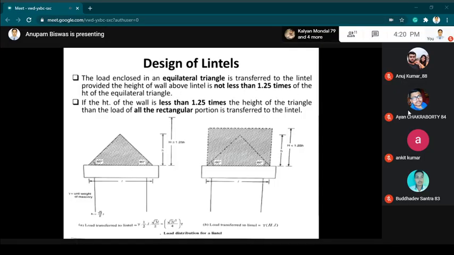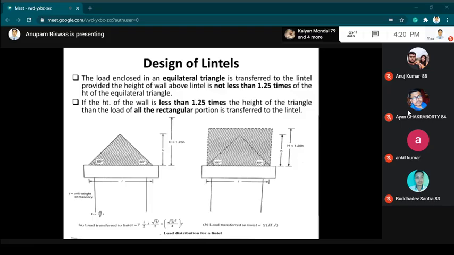And the total load that is transferred to the lintel is the area of the equilateral triangle, that is half into base into height. So half into L into the height of the equilateral triangle, whose formula is root 3 L by 2, into gamma, the unit weight of the masonry wall.